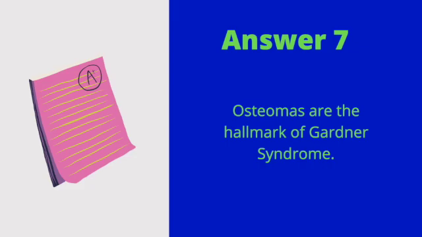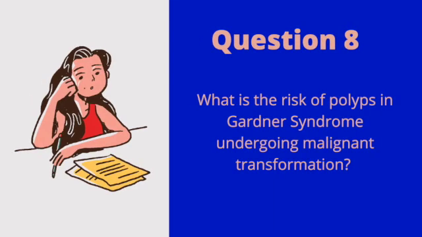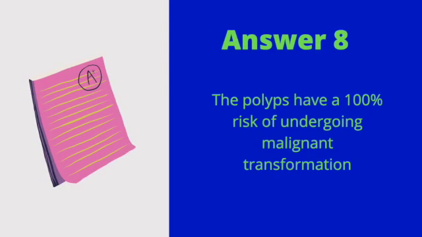Osteomas are the hallmark of Gardner syndrome. Question 8. What is the risk of polyps in Gardner syndrome undergoing malignant transformation? The polyps have a 100% risk of undergoing malignant transformation.